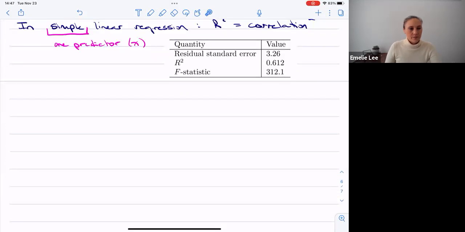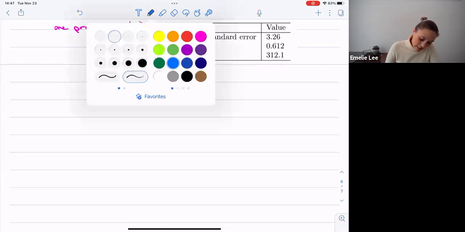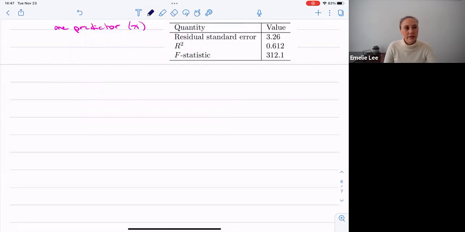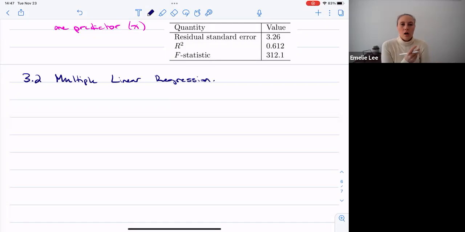Okay. So I just want to introduce multiple linear regression. Multiple linear regression is section 3.2. Although we can have more than 2 X variables, more than 2 predictors, it becomes really hard to visualize.